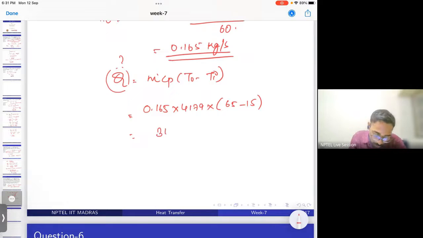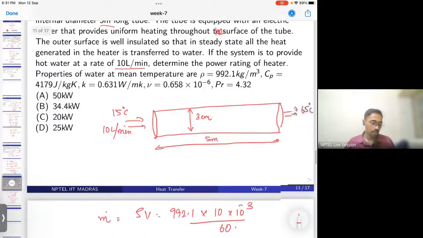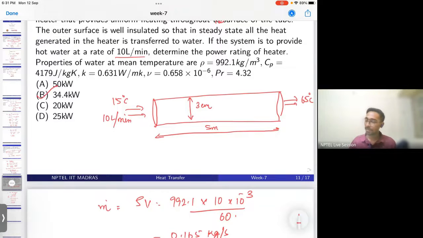It is around 34,476 watts. If I convert to kilowatts, it is 34.76 kilowatt. So this should be the power rating of the heater if we want to get water at 65 degrees Celsius with this flow rate. Okay.